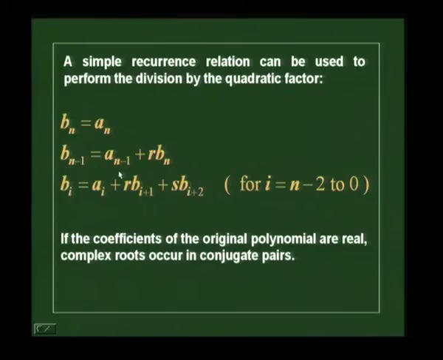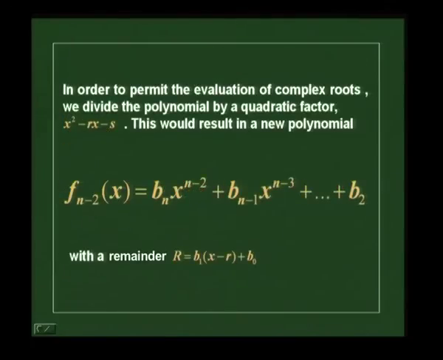And the next term, which is the coefficient of the x to the power n minus 3 term, that is bn minus 1, in the polynomial obtained after dividing, is equal to an minus 1 plus r times bn, where r, remember again, is the coefficient of the linear term of the quadratic polynomial we use to divide the polynomial. Okay. So please note down all of this.